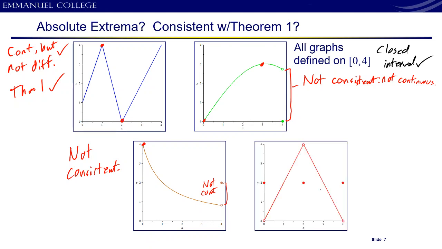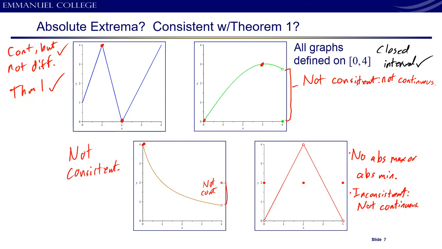And this one has no absolute max or absolute min. And this one is also inconsistent because, once again, it's not continuous. It can be continuous but not differentiable, and it will still meet the requirements.